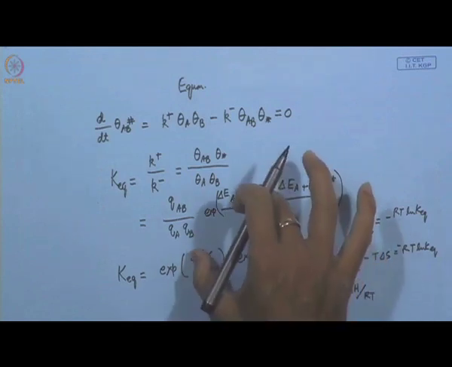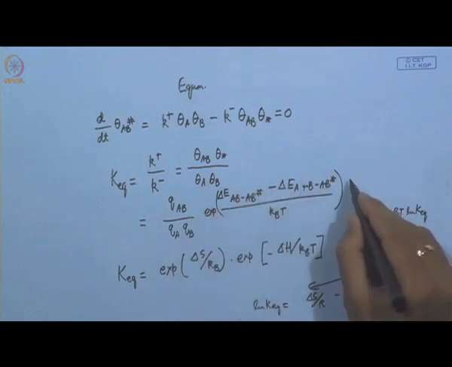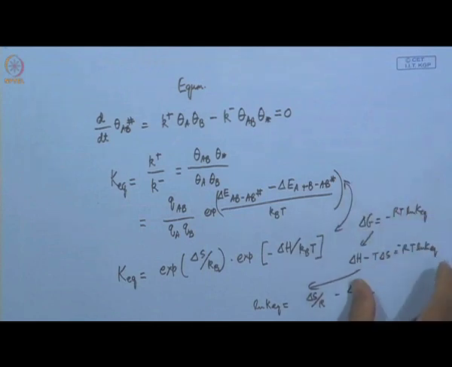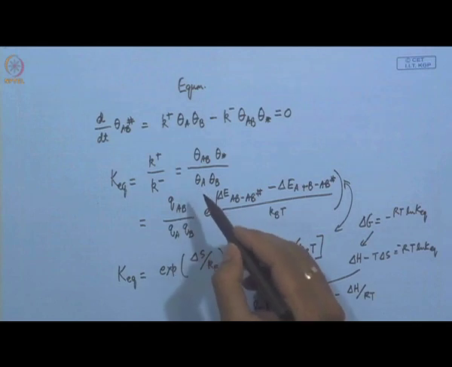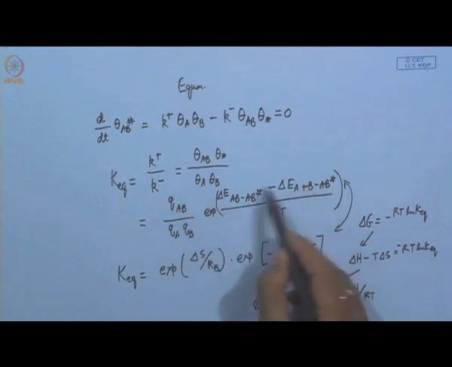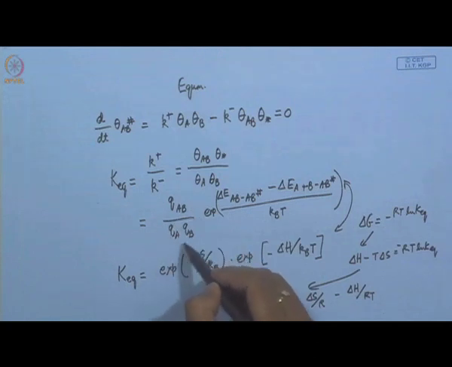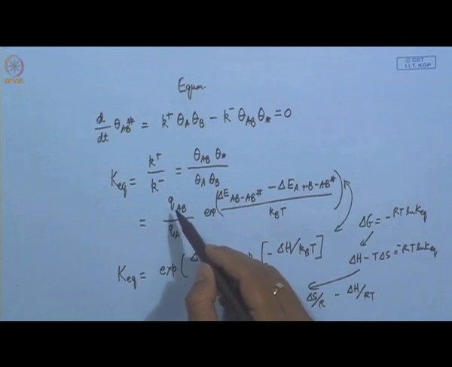So, now you compare these two. What do we get? Comparing these two, this is an energy term, and this is something different. It is not exactly an energy term, it is a ratio of partition functions.